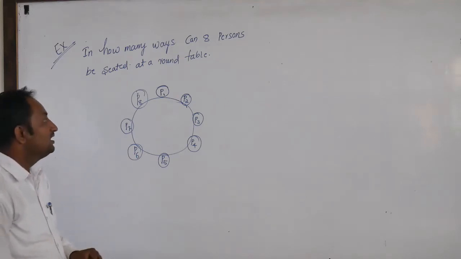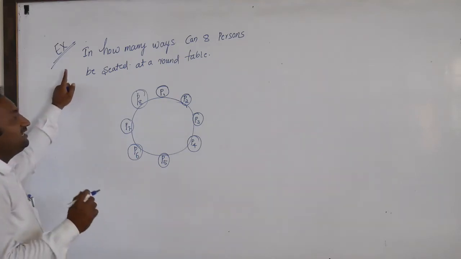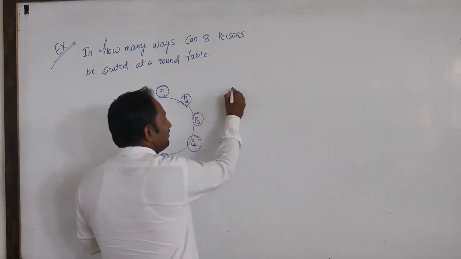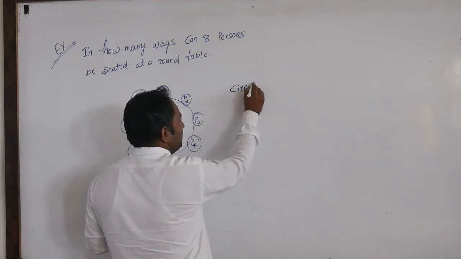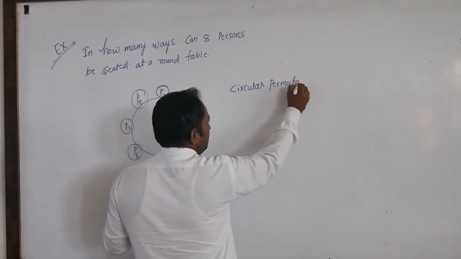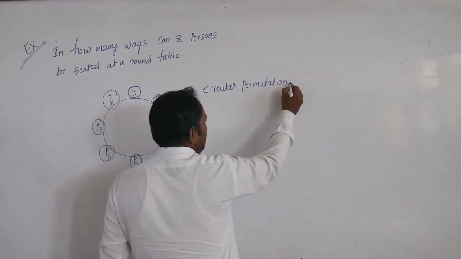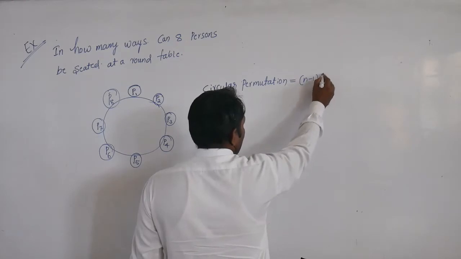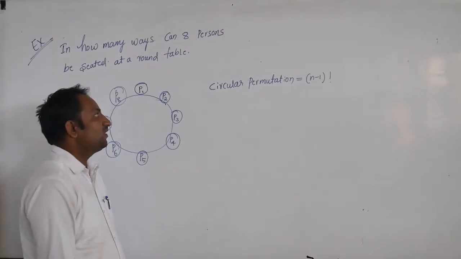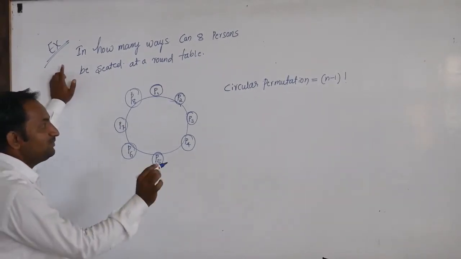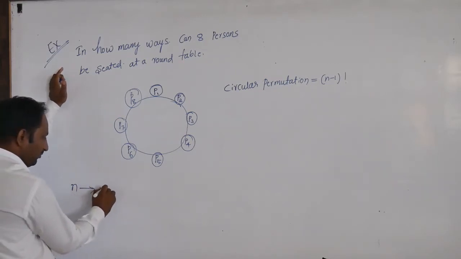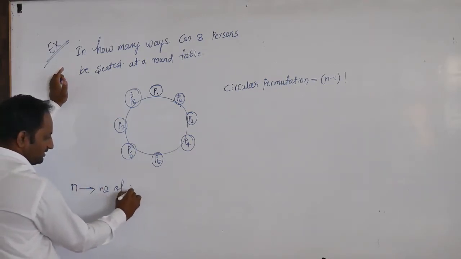Here, we consider it as circular permutation. Circular permutation is equal to (n minus 1) factorial. In this problem, n means the number of persons.